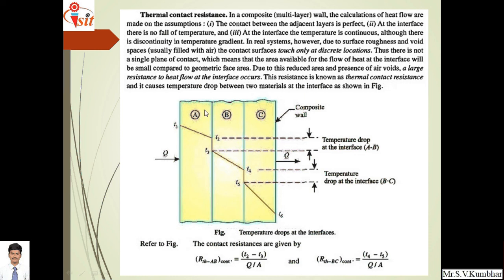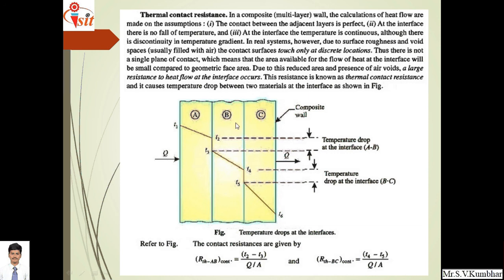Now, in this figure, for A and B, instead of temperature T2, a temperature drop occurs from T2 to T3. The composite material's left-hand side is kept at T1, and at the junction the temperature should be T2, but because of the presence of air there is a temperature drop from T2 to T3.